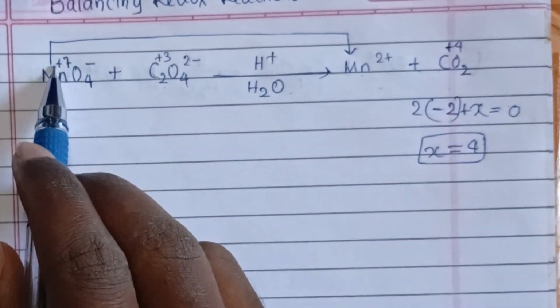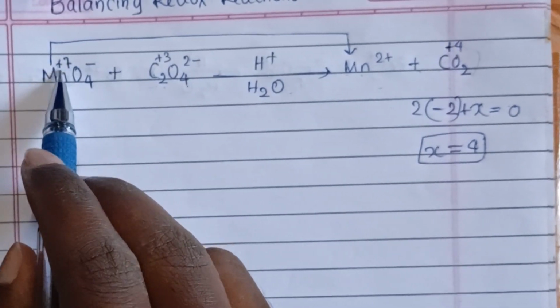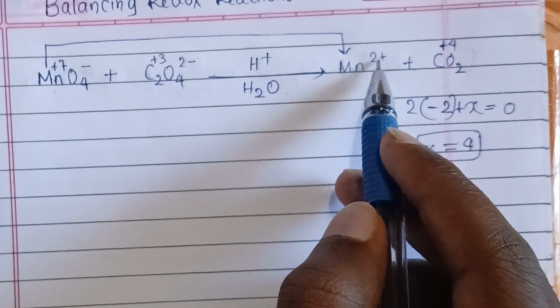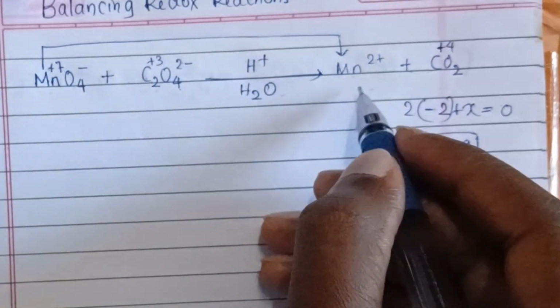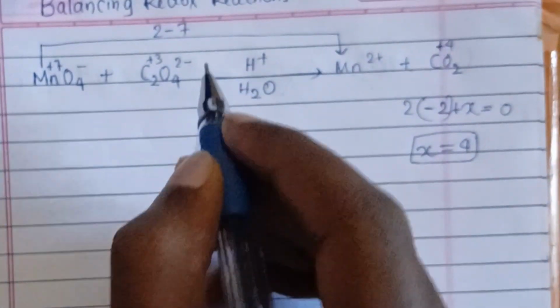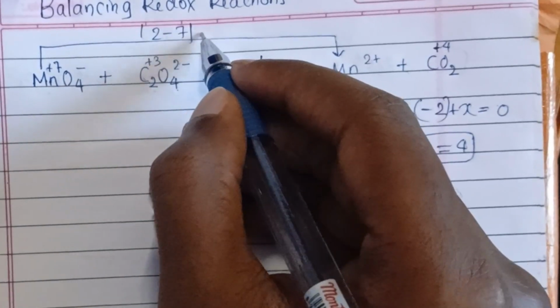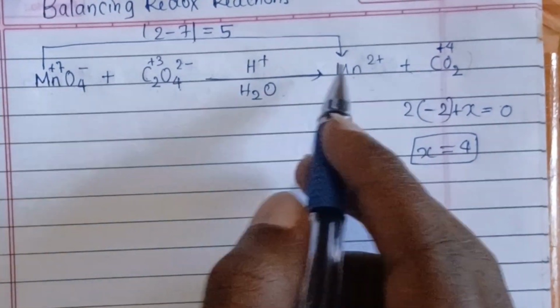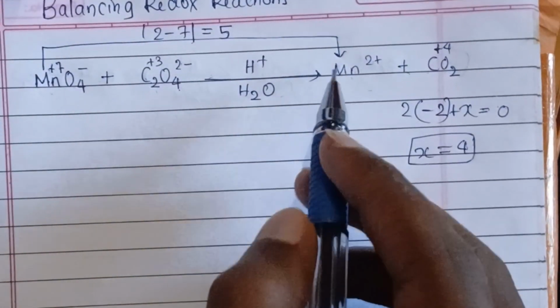As you can see here, 7 was its oxidation number, and in this case it is 2. So what you will do is, you have to calculate final minus initial, that is 2 minus 7, but you have to take only the magnitude of it, so that will be equal to 5. Or you can simply say that the change is 5.